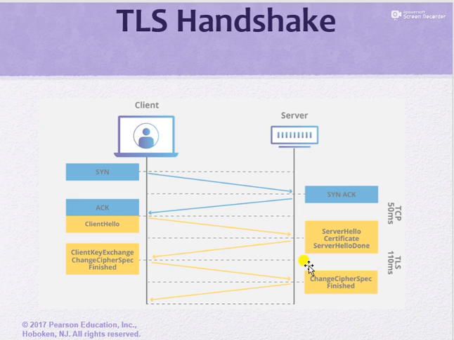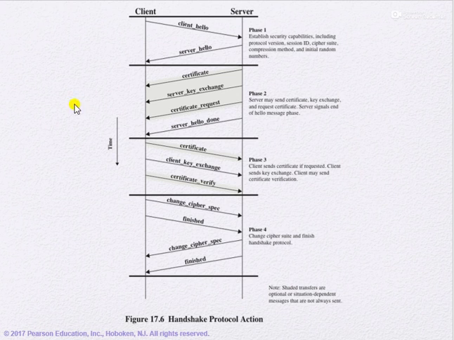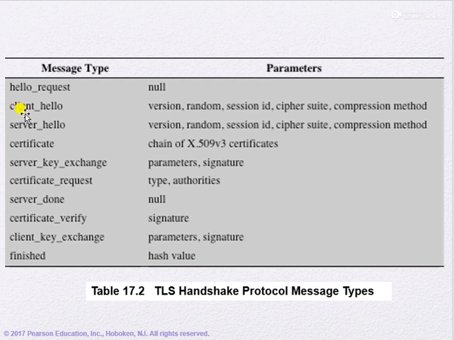Now we will go into a little bit of detail of these messages, what is in client hello and server hello. In the book they also show that this communication between client and server can be viewed as having four phases. Phase 1, where both parties send hello to each other: the client sends hello and the server responds with its hello. Then the server sends its certificate, server key exchange, certificate request, and hello done, because we have already shown here the message types and the contents or parameters of these messages.